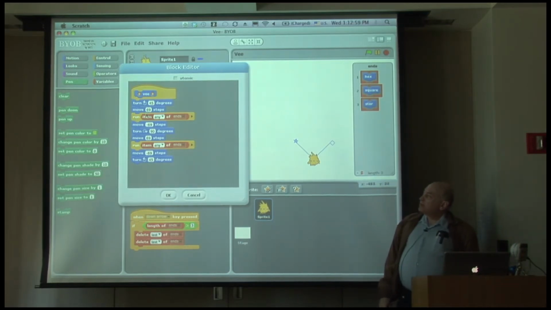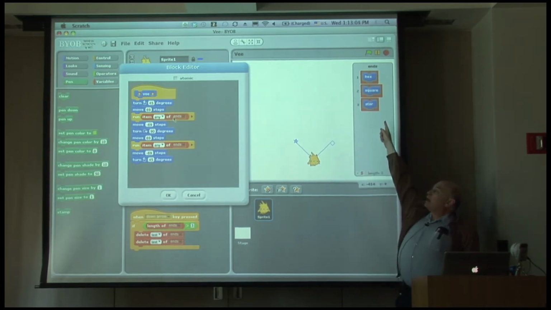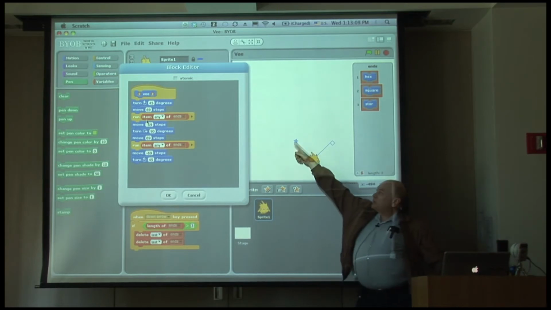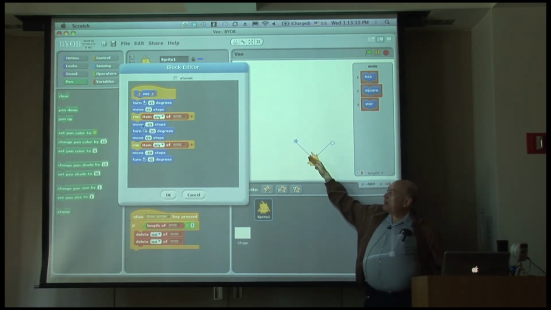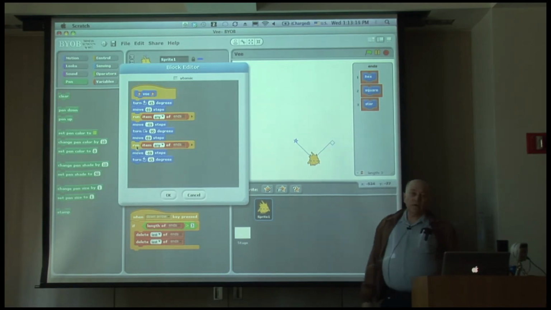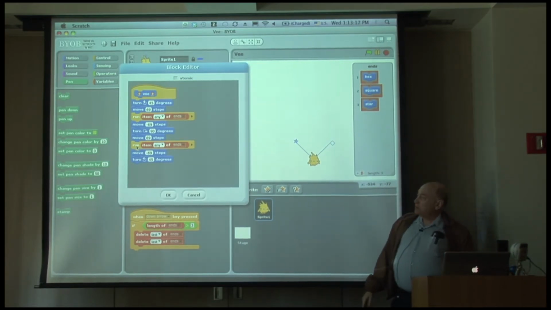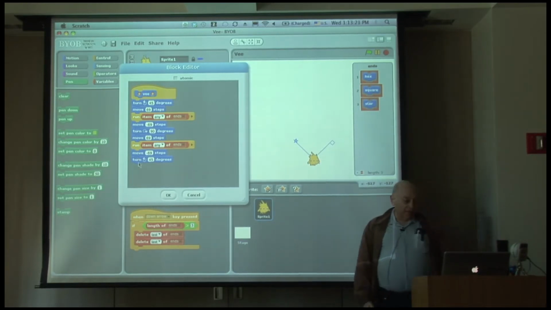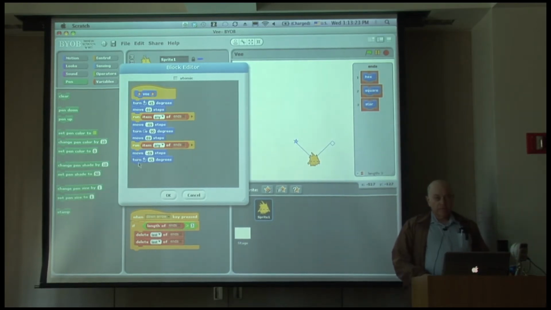Run item any means choose an item at random of ends. So pick one of these blocks and run it. And so that's where this star came from. Then move back, turn right, move out, and then again, run a randomly chosen one of these things. Then move back and turn left so we're facing straight up again. Okay? Is everybody happy?